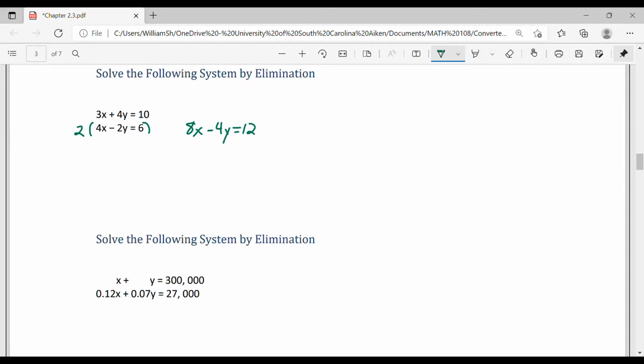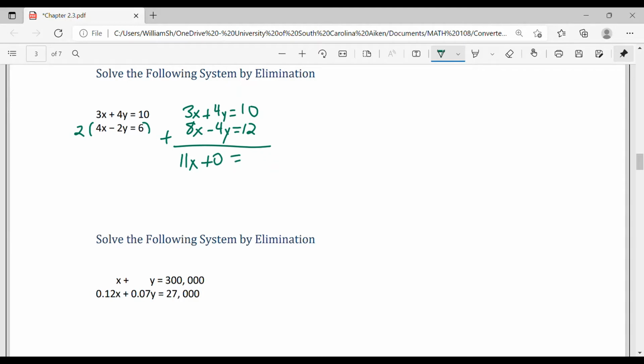Now if I keep that original equation I had up top, 3x plus 4y equals 10, and I set it up as an addition here, then 8x plus 3x is 11x. 4y plus a negative 4y cancels out to be a 0.